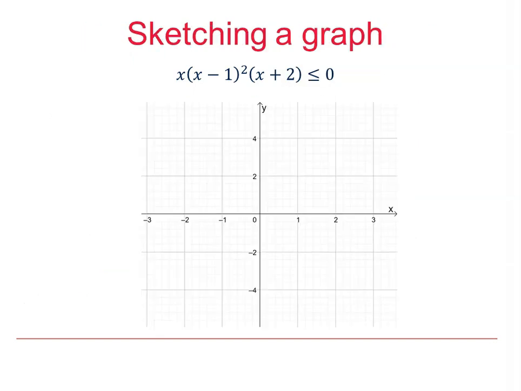Well, to sketch the graph, we can mark on our critical values on the x-axis, so they're at -2, at 0 and +1. This is a quartic graph, so it would start off in the positive region of the y values, cross at -2, and then reach some minimum value before coming back up through 0 into the positive region. +1 is quite an interesting point because we have here what's called a repeated root.